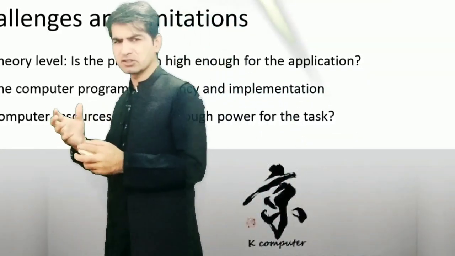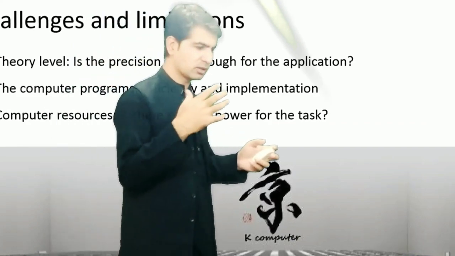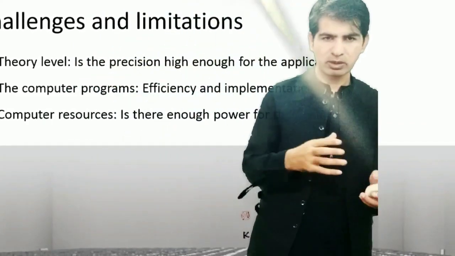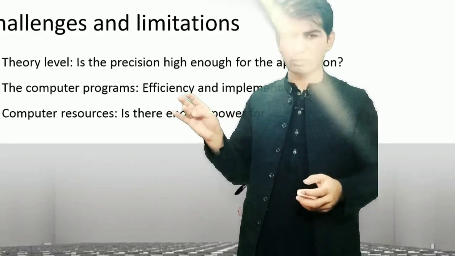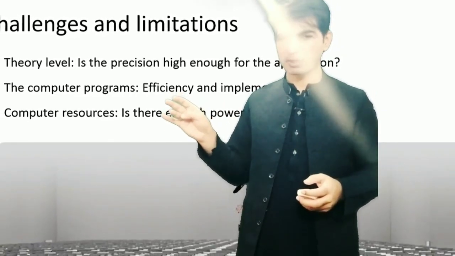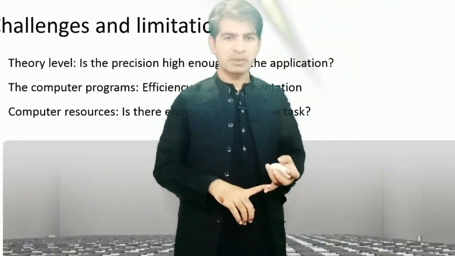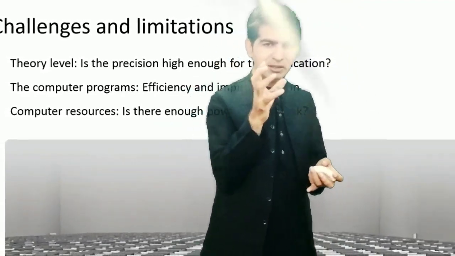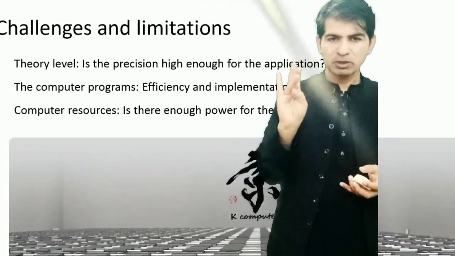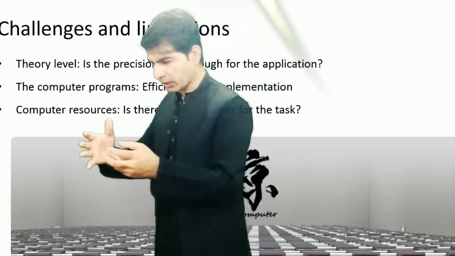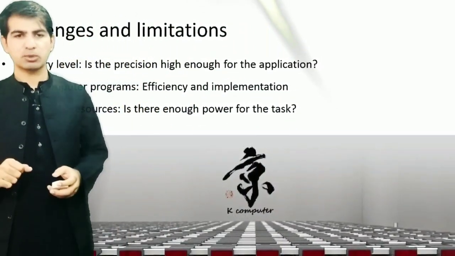But there are some challenges and limitations that computational chemists and theoretical chemists both face. Number one is on the theory level. The second is on the software and computer program level, and the third is the computer resources. Number one, theory level: is the precision high enough for the application? So you need a very good theory. Number two, the computer program: you use different software, so it is about the efficiency and implementation of that program.